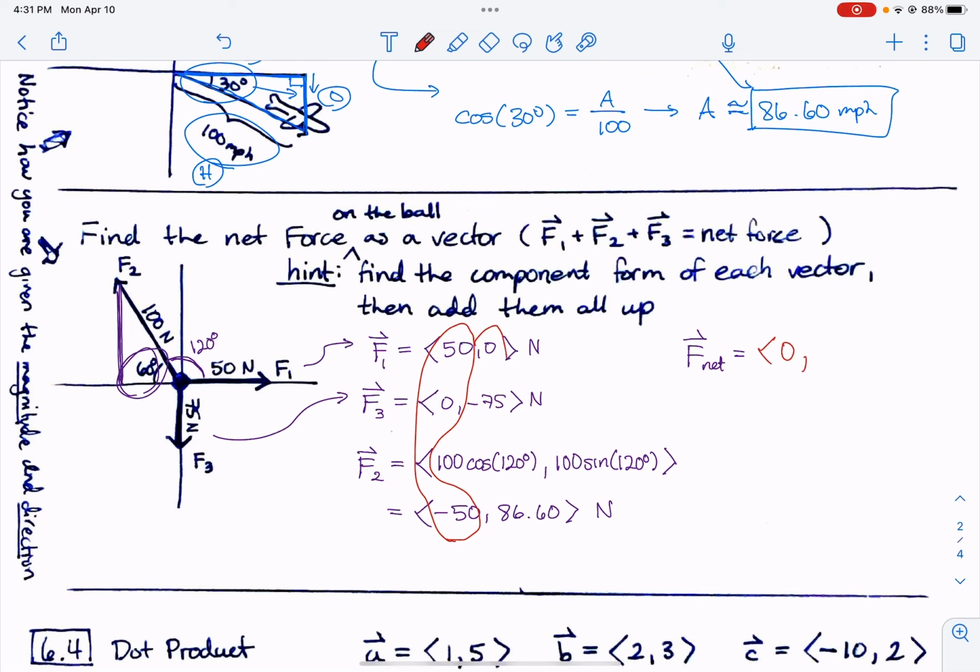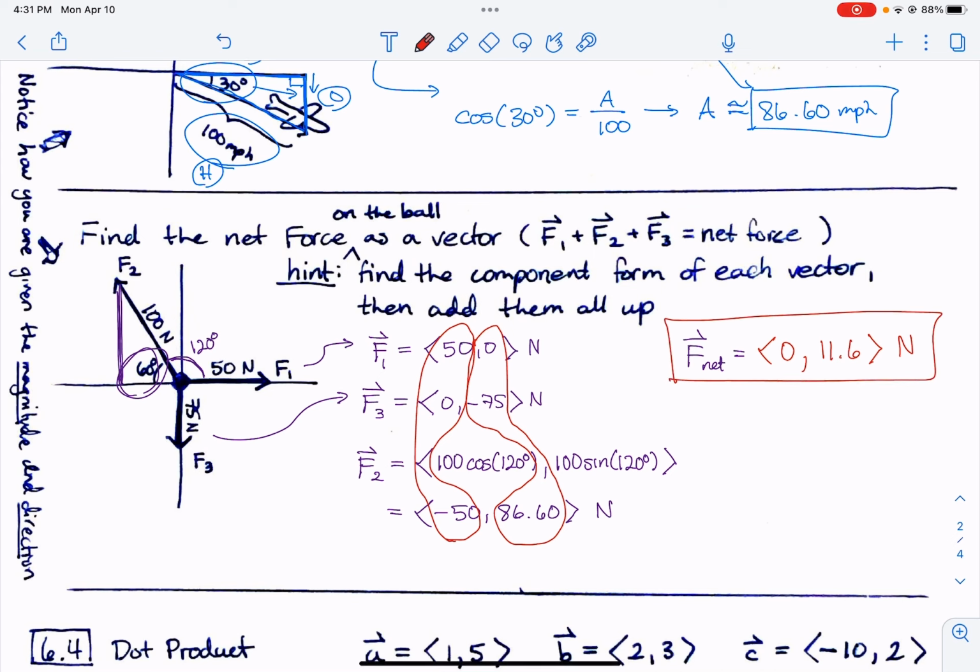And then let's add up all the y components, right? So these numbers here. So 0 minus 75 plus 86.6. It's going to give me 11.6 newtons. And we would just leave the units out there like that.